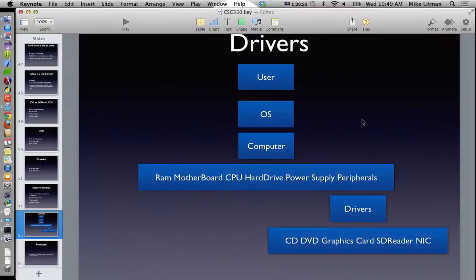Who writes the driver to begin with? Generally speaking, there's actually a little caveat there with Apple. Usually the hardware companies. So when you buy your latest, greatest ATI or NVIDIA graphics card, they used to come with a disk.